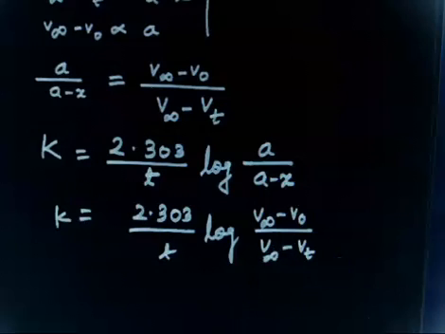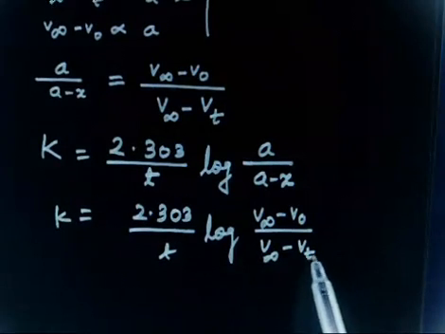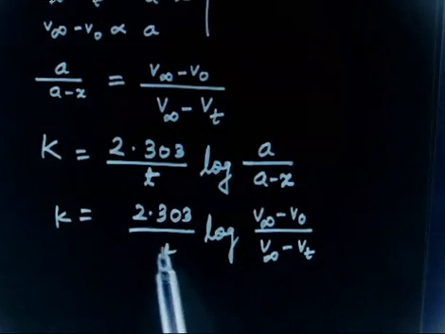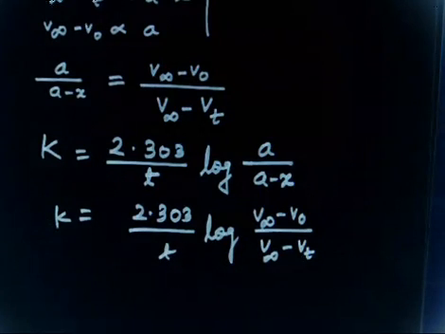At any time, say after 20 minutes, you have 30 ml, then you can put the values here and the time here. You can find the rate constant of this reaction. So this is one way by which the rate constant of a reaction can be measured.